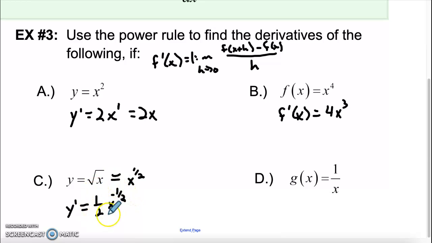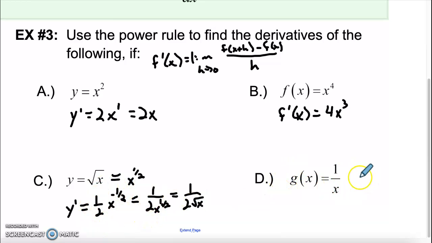Now for our purposes, we can leave our answer like this, but if I did want to clean this up a little bit, this would be the same as 1 over 2 times x to the 1/2, which I could then rewrite as a root as 1 over 2 times the square root of x. But for our purposes, we can leave our answer like this.